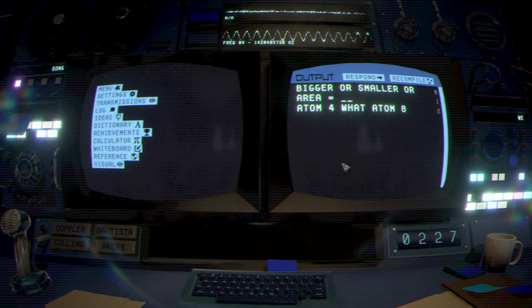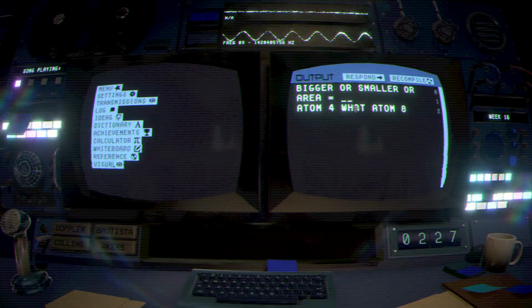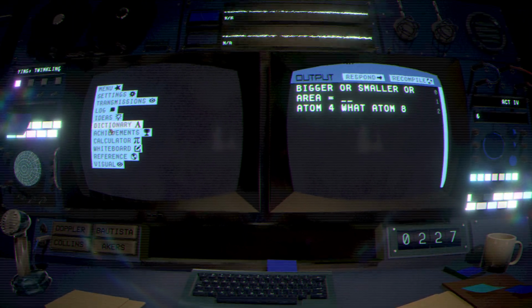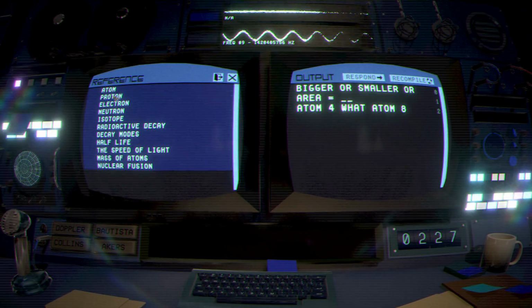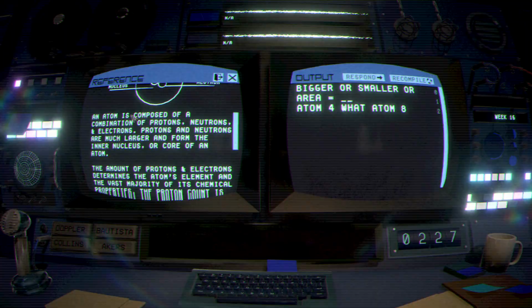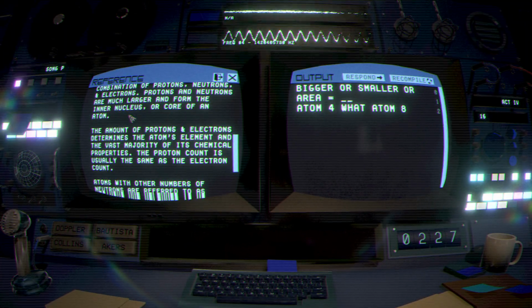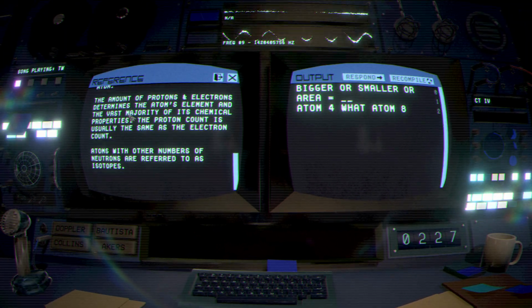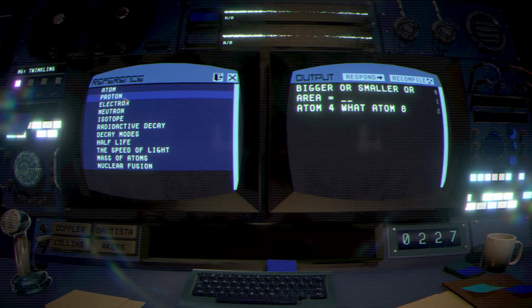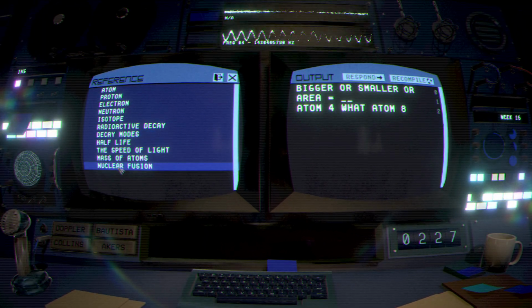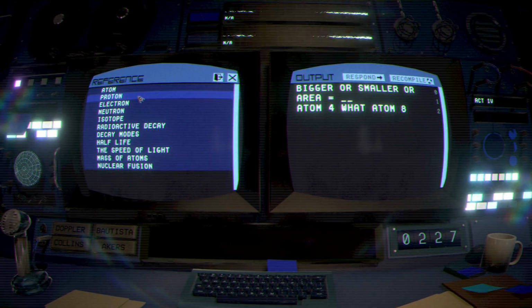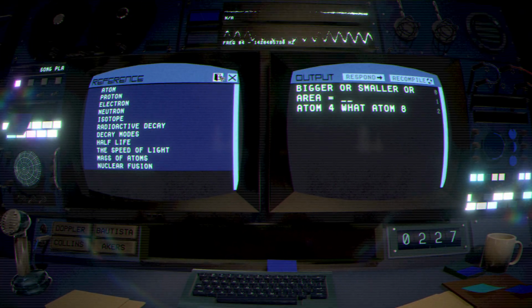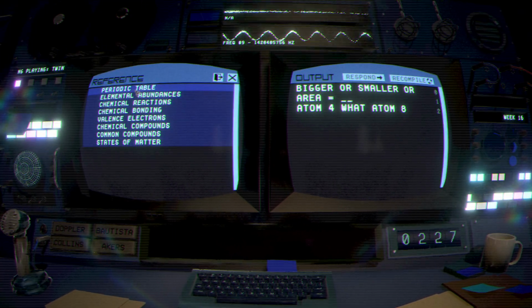Bigger or smaller or area? Atom 4 smaller than atom 8. Ooh, wait a minute. Reference table. Physics. Atom. I was thinking, are they numbering the atoms?